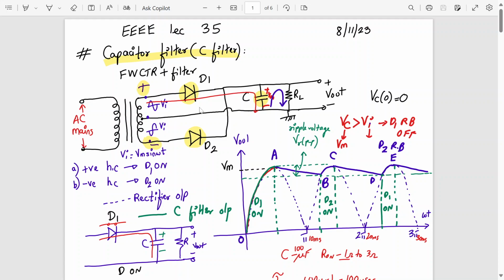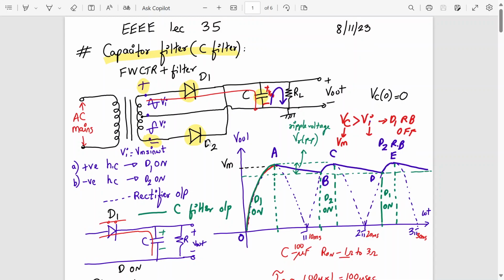Full wave center tap rectifier plus that filter capacitor becomes the capacitor filter circuit. So with that knowledge, can I use this PDF and start, or should I explain from scratch? Okay, so I'll use this PDF and explain to you all. I used this last semester.